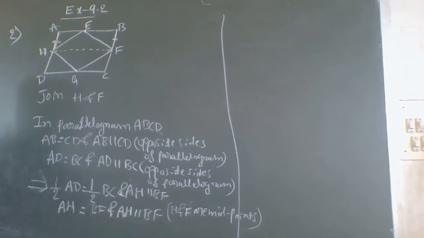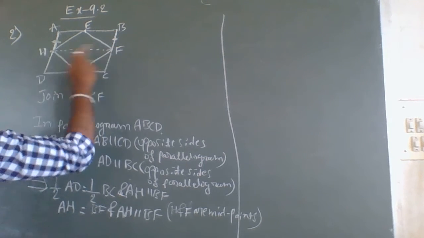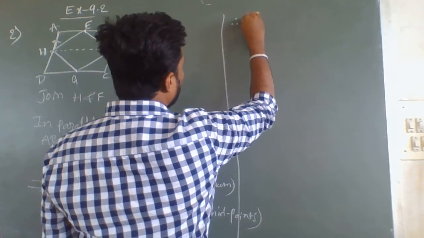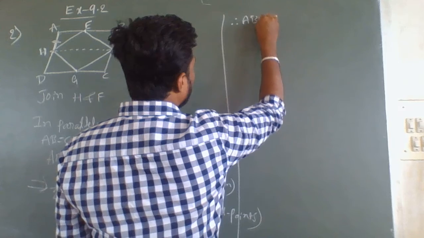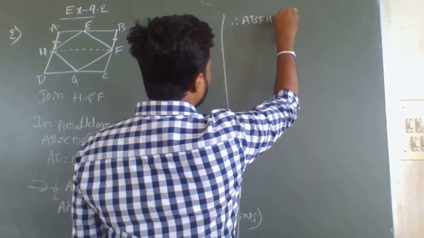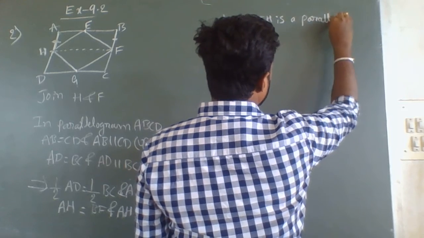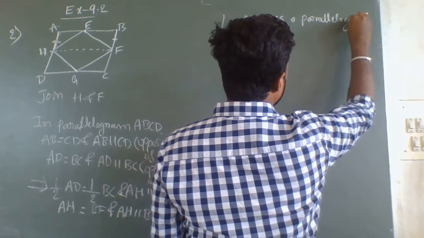We proved it here. Therefore, ABFH is a parallelogram.